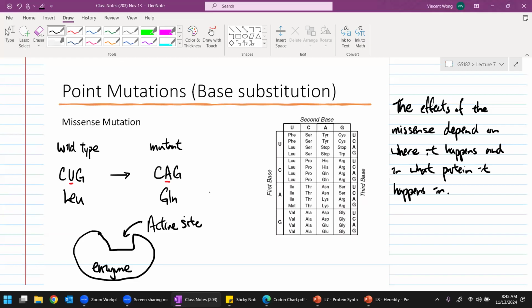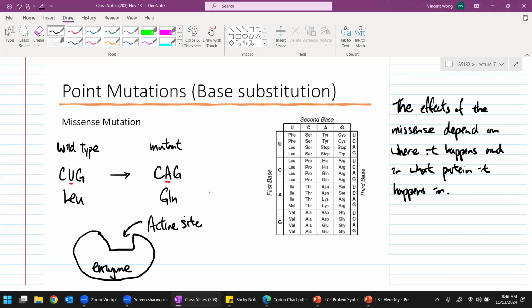You might no longer be able to carry out the reaction. Then the enzyme will not be functioning. That would be an example of a loss of function mutation. Do you guys follow?